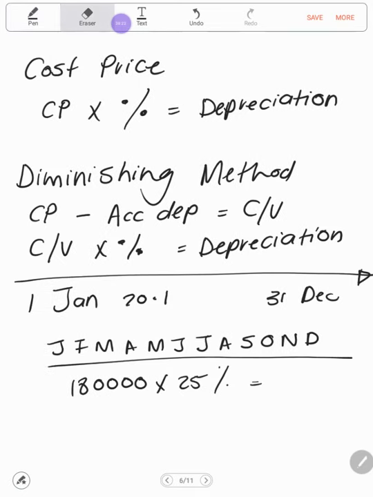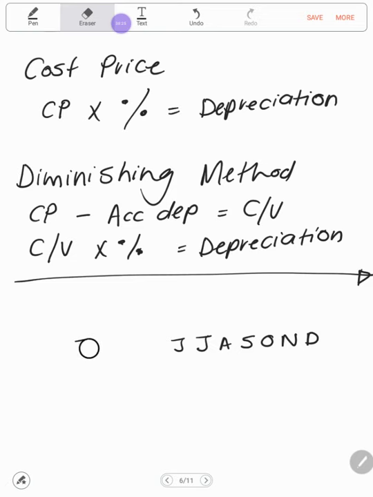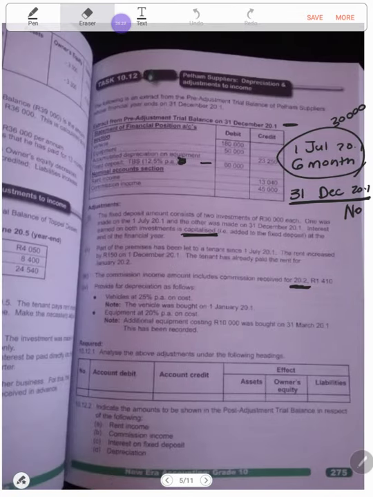Alright, so let's work this out. This is on the diminishing balance method, so it is a little bit longer process. Is it? No, it's still on cost, so we're great. Additional equipment costing 10,000 was bought on the 31st of March 20.1, and this has been recorded. This one is a bit tricky.